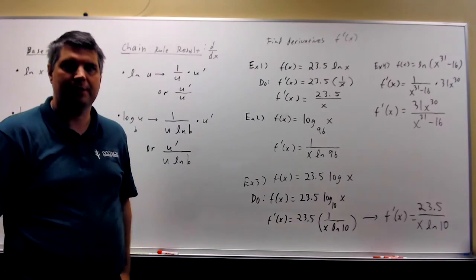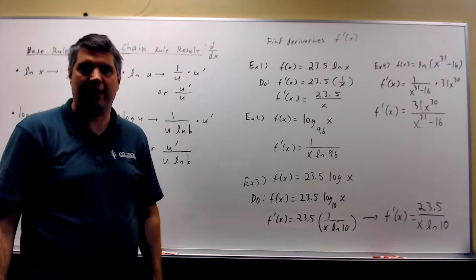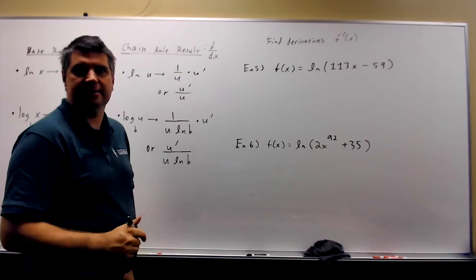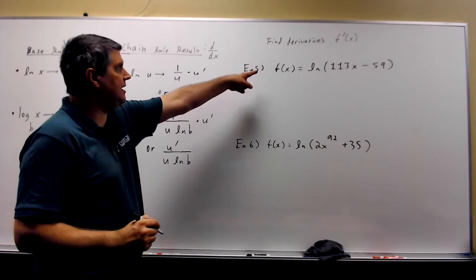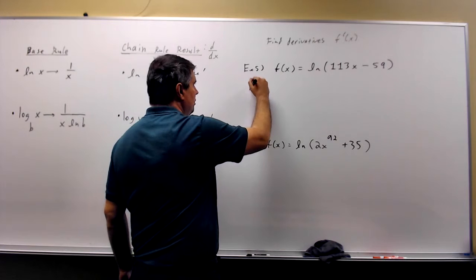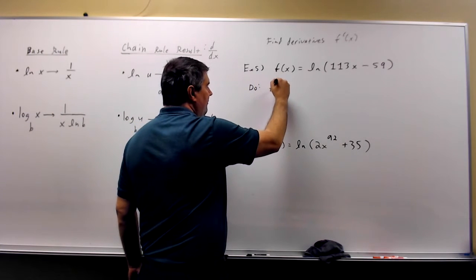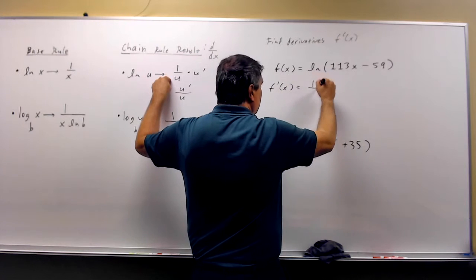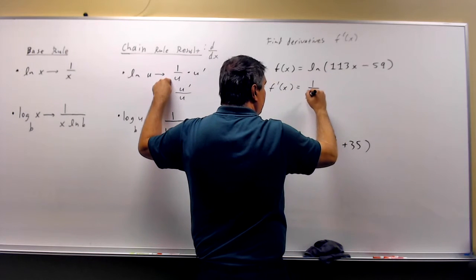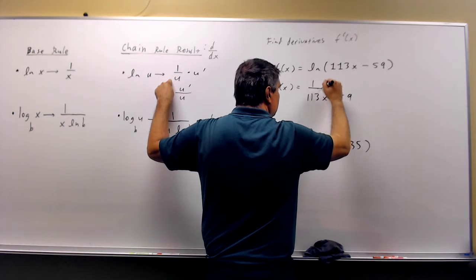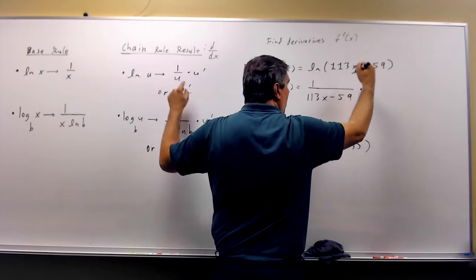And I'll do more of those after I erase the board. A couple more. f of x is natural log of 113x minus 59. f prime of x will equal 1 over the argument of the logarithm times the derivative of the argument.